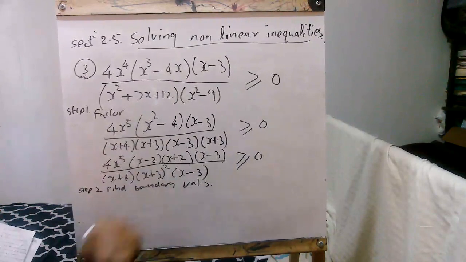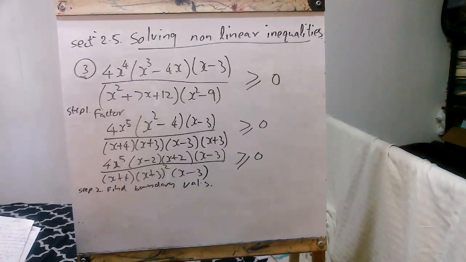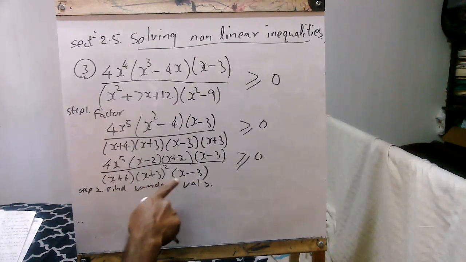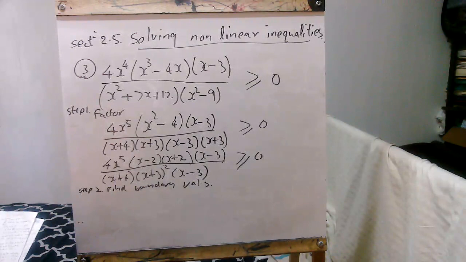If numerator is 0, the whole function is 0. 0 means a defined number, but if the denominator is 0, for instance when x equal to -4, x equal to -3, +3, the function is undefined, right?